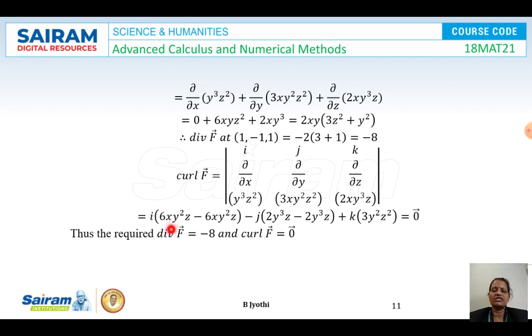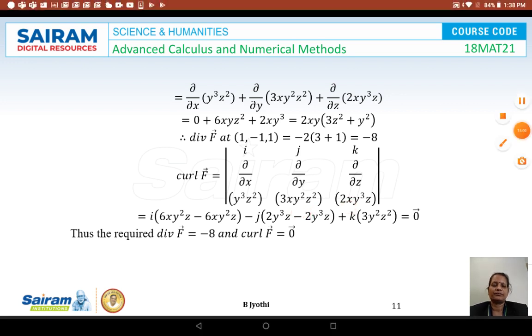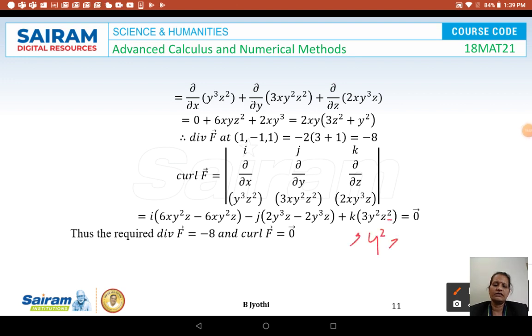Now on simplification of the determinant, we get i times (6x y square z square minus 6x y square z square), the same terms, minus j times (2y cube z minus 2y cube z), plus k times (3y square z square minus 3y square z square).